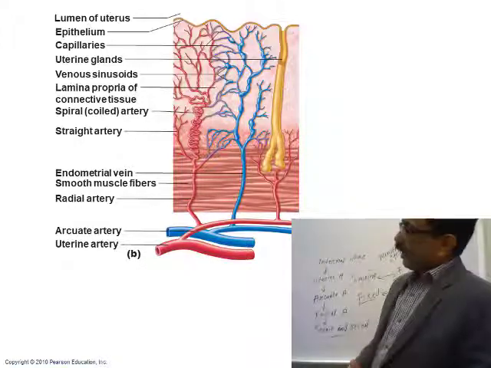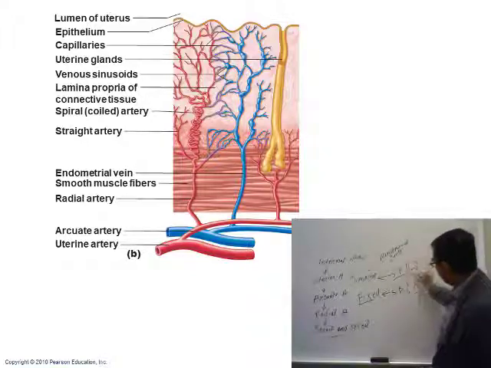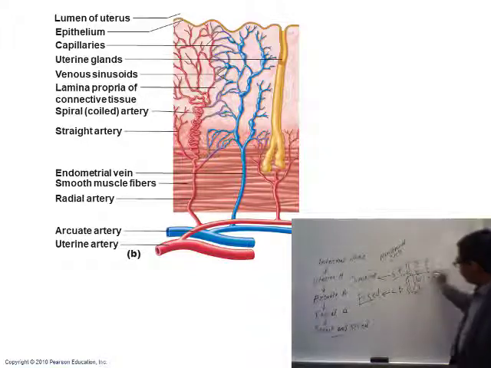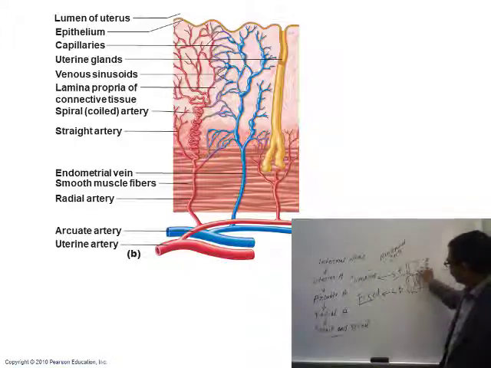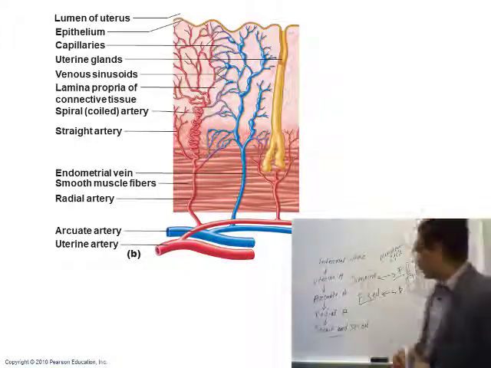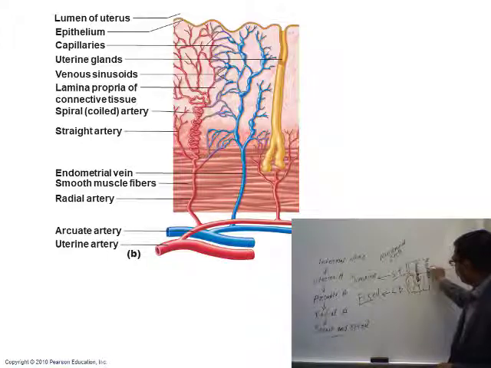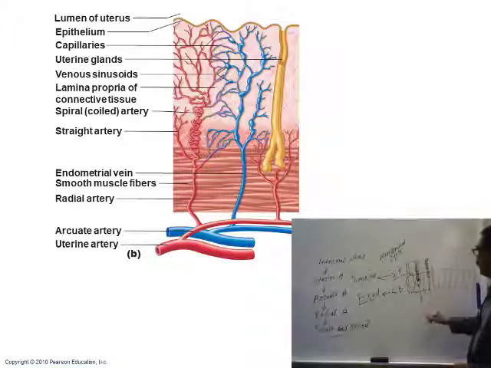Now, this is the stratum functionalis. This is the stratum basalis. The spiral arteries go to the functional layer, stratum functionalis. And what happens? Constriction of the spiral arteries. Strong constriction of the spiral arteries stops the blood flow into the stratum functionalis.